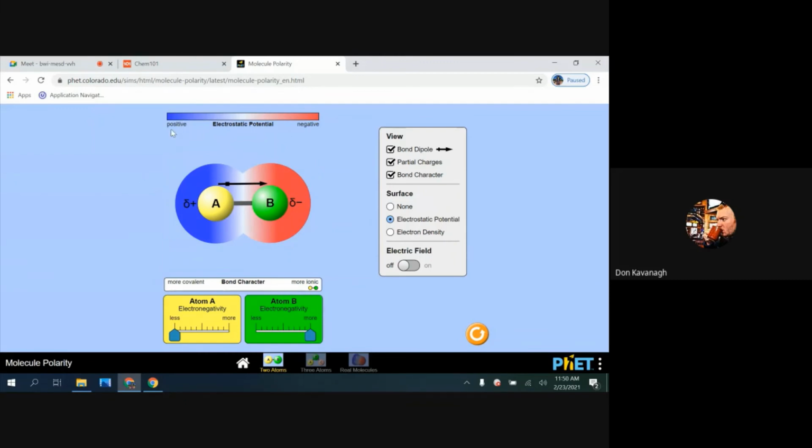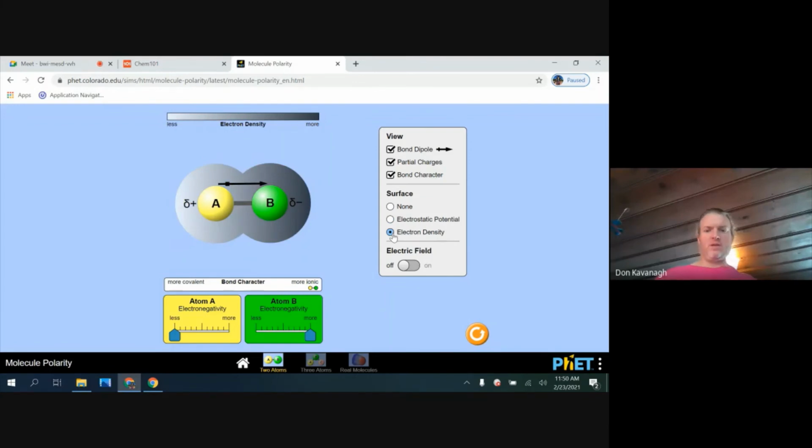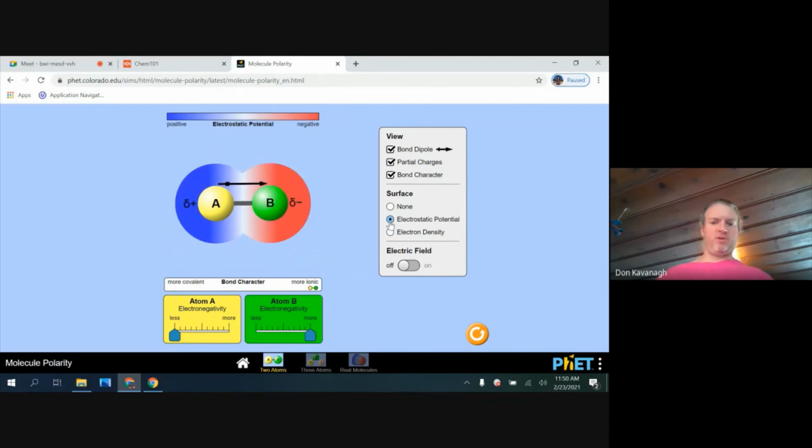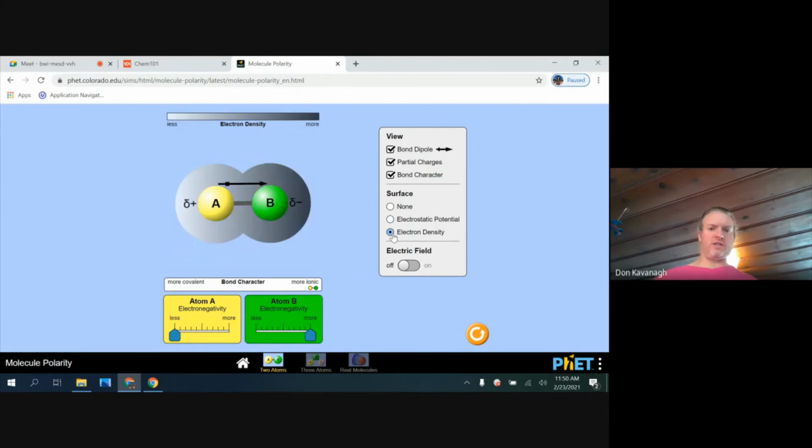This whole thing screams redundancy to me, where we have dipoles matching up with the partial charges, the electrostatic potential matching up with the dipoles and the charges, the electron density. They're all just different ways to help you visualize this.